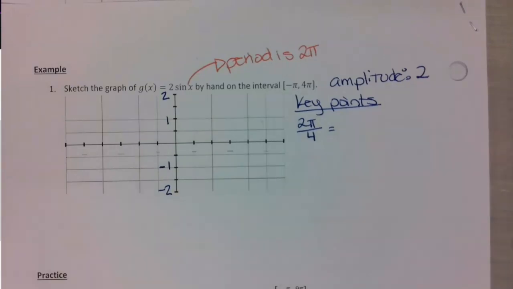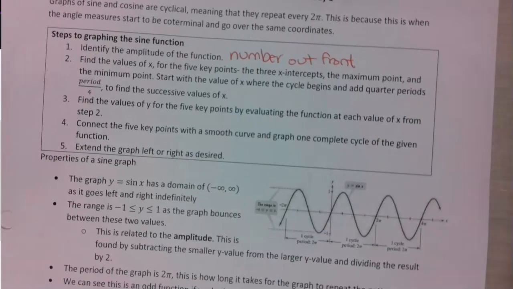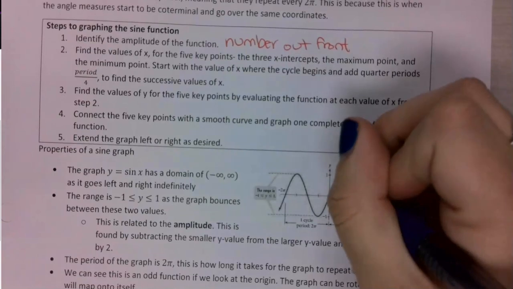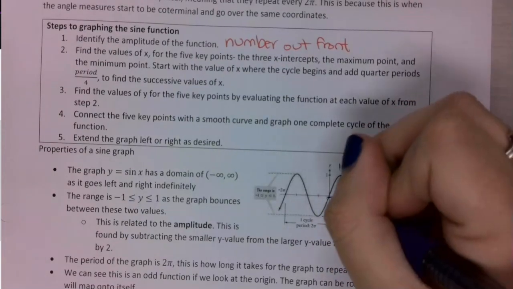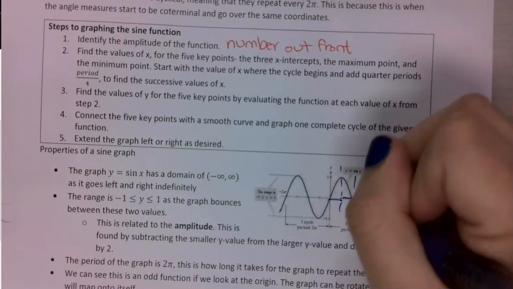Because a graph breaks up into, if I'm looking back at the sine, 4 distinct parts. There's right here, here, and here.